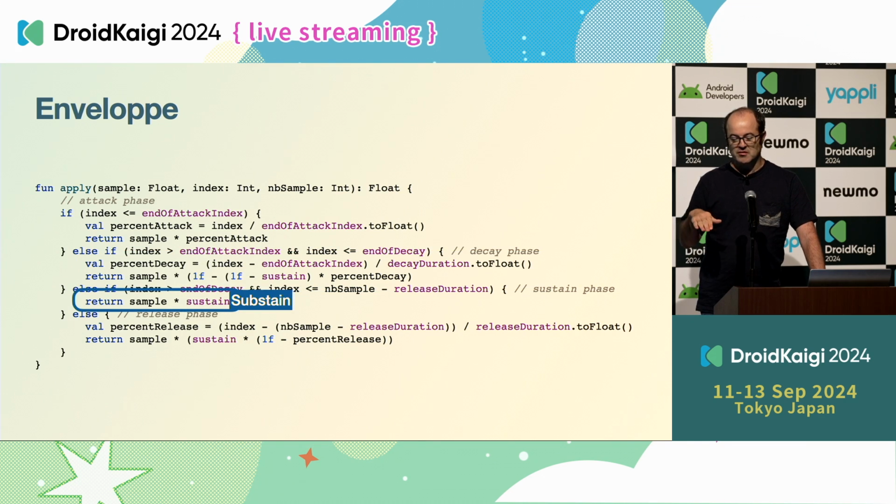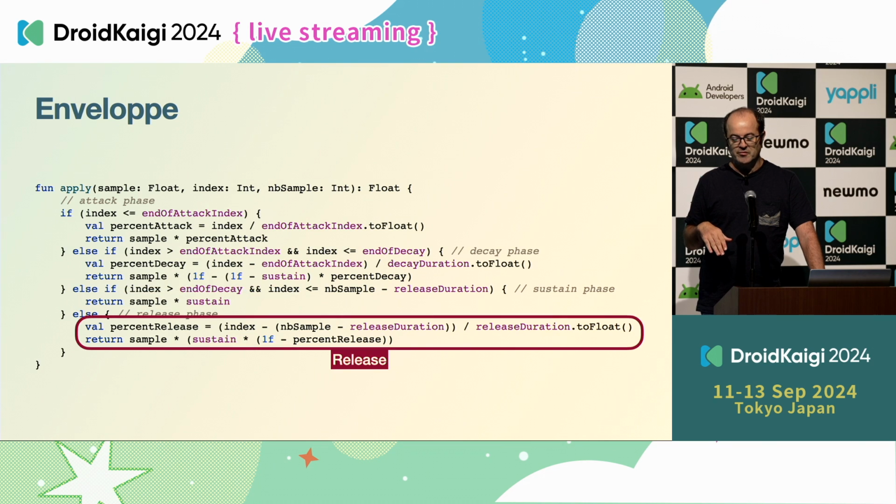Then the sustain phase, and the last one is the release phase, where you try to reach level 0 progressively. But the idea behind it, again, don't try to remember everything. My point is just that in a sound, what you want to do is play with values between -1 and 1.